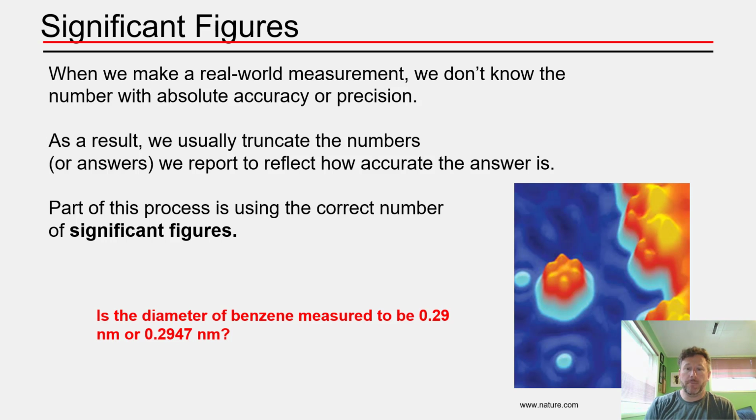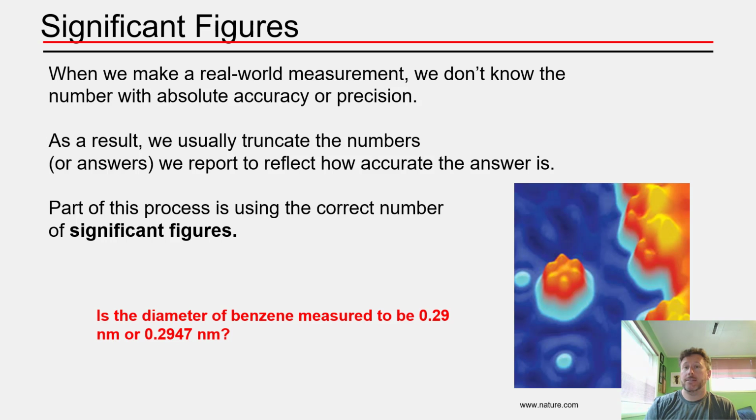So what exactly do we mean by that? Let's say we do an advanced microscopy experiment and we measure the diameter of a single benzene molecule. Let's say we repeat that experiment 10 or 20 times and we come up with an average diameter for a benzene molecule, and the average diameter of the benzene molecule works out, after crunching our data in Excel, to be 0.2947 nanometers.